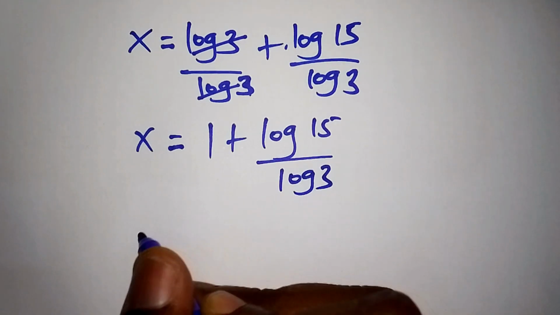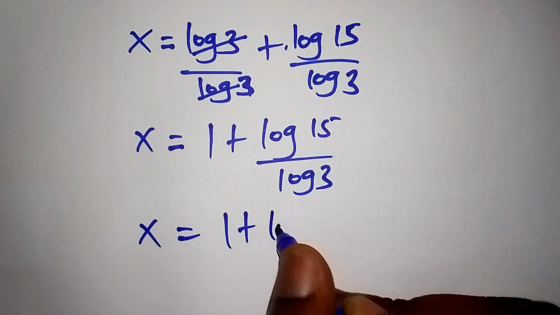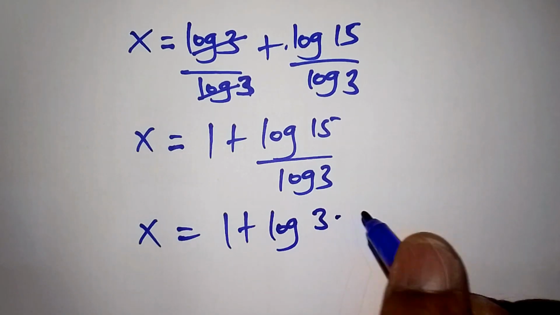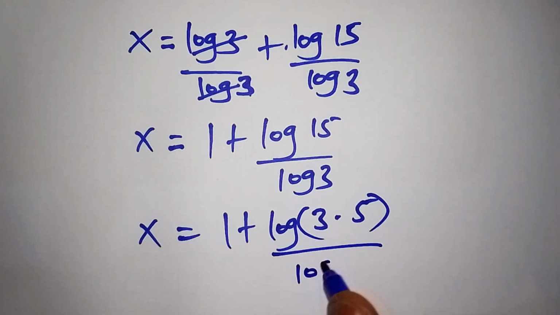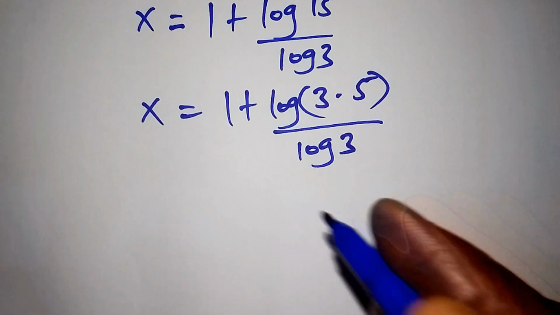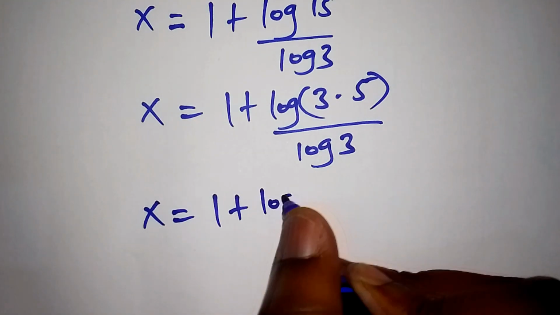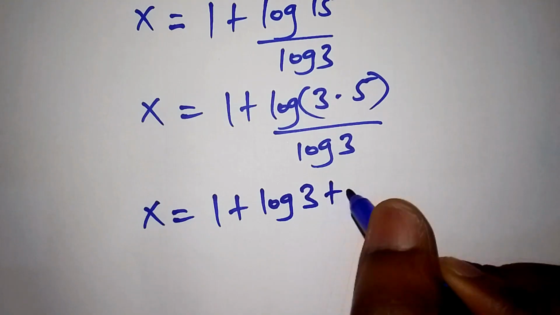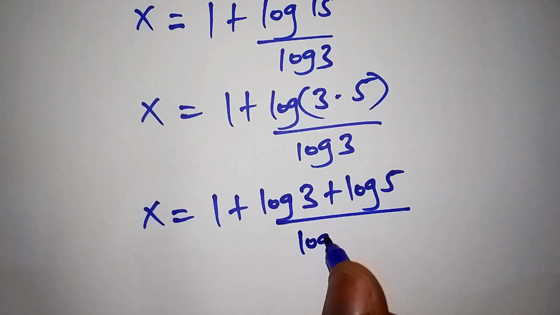So x can also be written as 1 plus, when you factorize log 15, the log of 3 multiplied by 5, all over the log of 3. Just as we did the other part, our value for x is equal to 1 plus the log of 3 plus the log of 5, all over the log of 3.